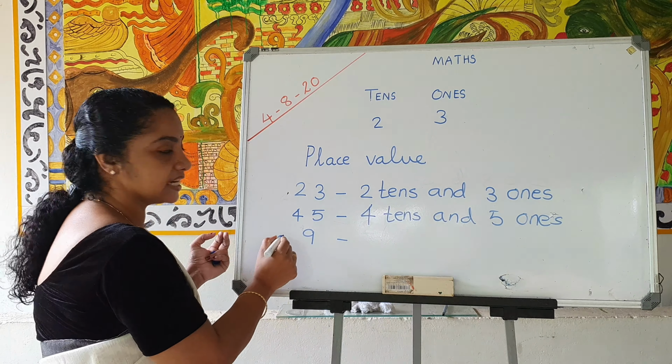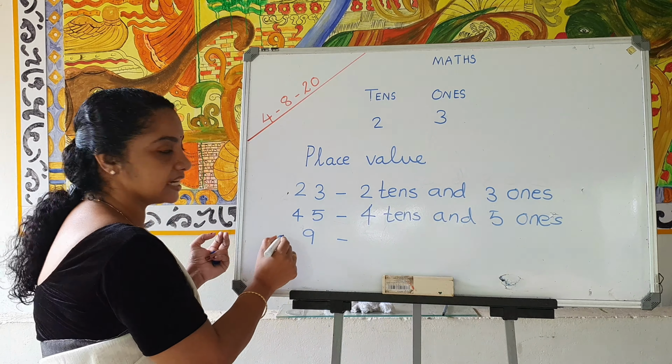When we write the numbers in terms of tens and ones, it is known as the expanded form. Listen here. 25. In 25, there are 2 tens and 5 ones.